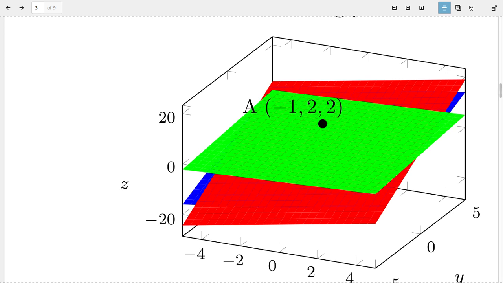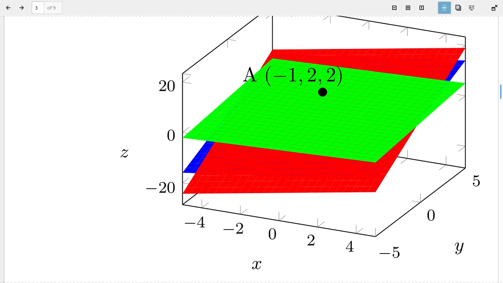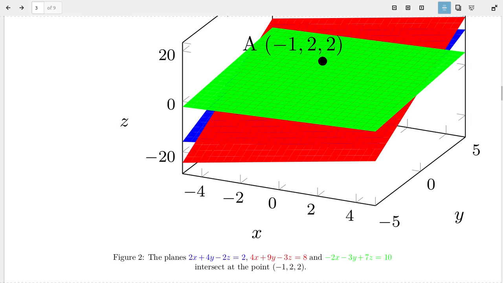But if you plot these functions in Python or in Mathematica, or if you do this manually, you'll get the idea. Of course, the equation 4x plus 9y minus 3z equals 8 corresponds to the red plane, and the equation negative twice x minus twice y plus 7z equals 10 corresponds to the green plane.